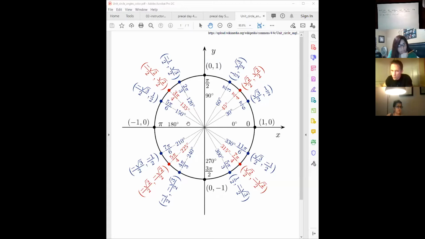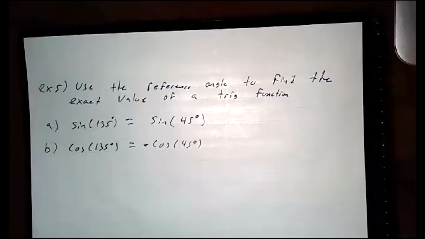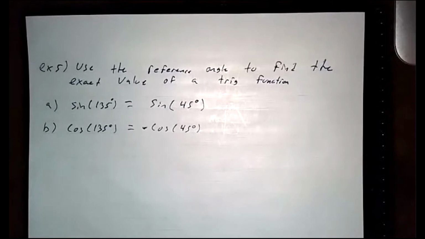If it was cosine of 135, that would be equal to cosine of 45. But since cosine is negative in quadrant 2, you would have to put a minus. That's what that picture was saying, because of the x value. Does that make sense?